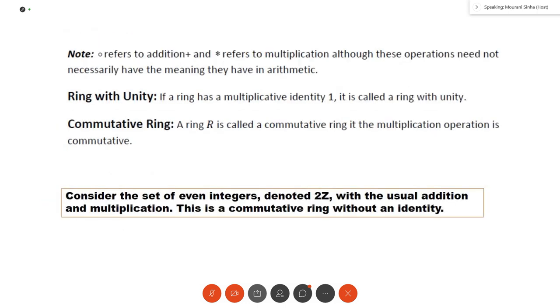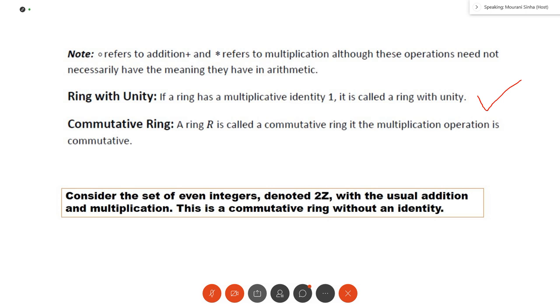After this, if you have the unity, the identity as 1, generally the multiplicative identity is 1. If a ring has a multiplicative identity 1, then it is called a ring with unity. Obviously my second operation is multiplication, so identity will be 1. This is why for the set of even integers, there was no identity.